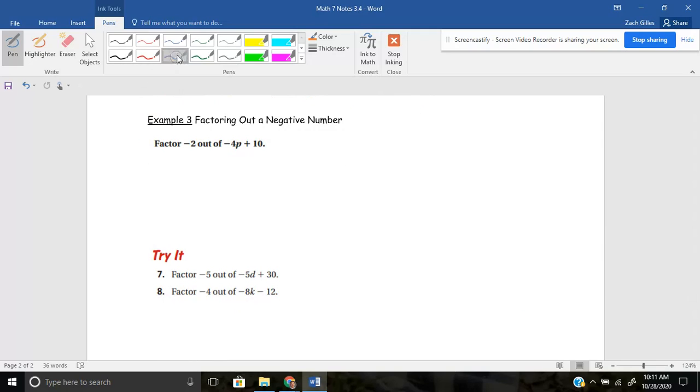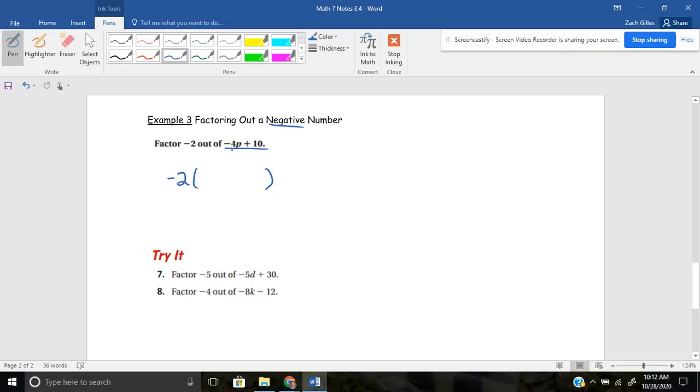where now we're factoring out a negative number. Okay, it says factor -2 out of -4p plus 10. So, in other words, I'm factoring out -2, so put that on the outside of my parentheses. What's -4 divided by -2?